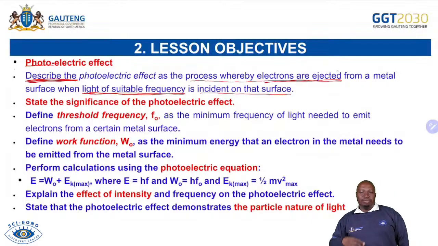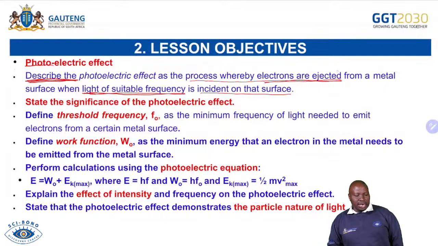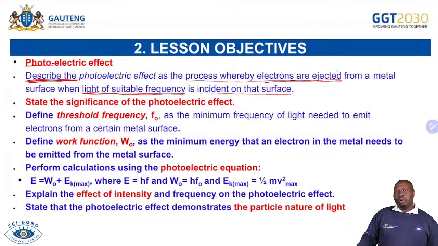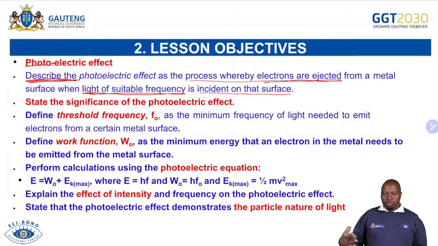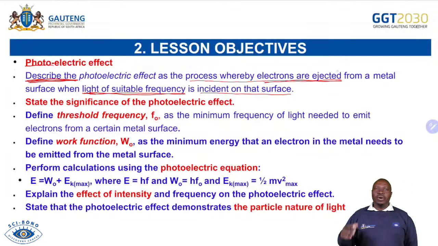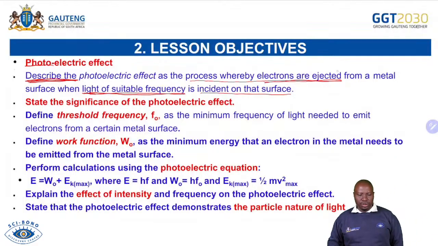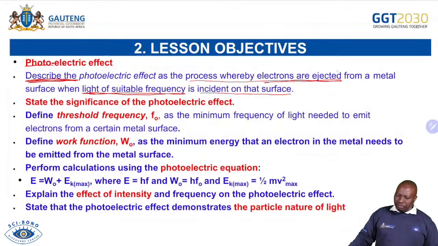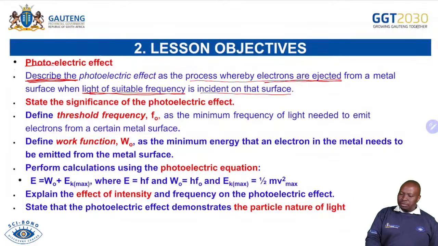Metals have valence electrons, and when you bombard them with light, they absorb that energy from light, and then they are removed. So we're going to look at the conditions for ejection of electrons from the metal surface.